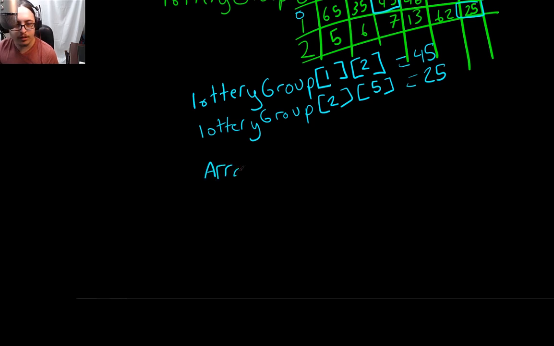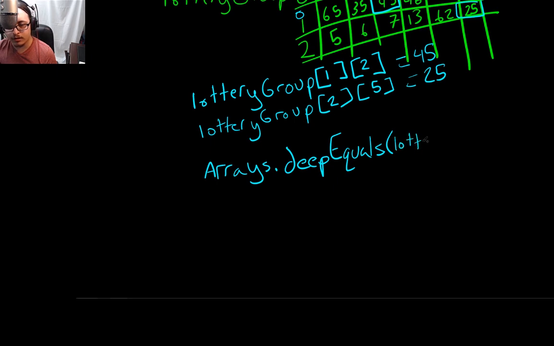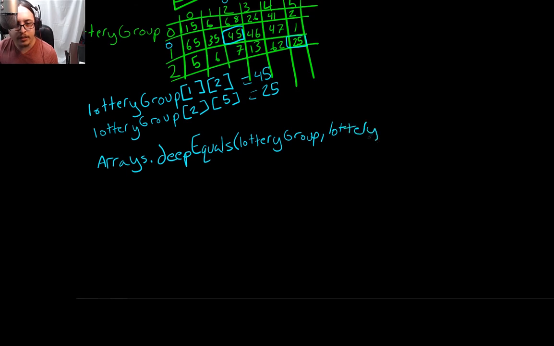So if you do Arrays.deepEquals and then you can compare lottery group and lottery group 2. So that will be the deep comparison if you wanted to compare multi-dimensional arrays.